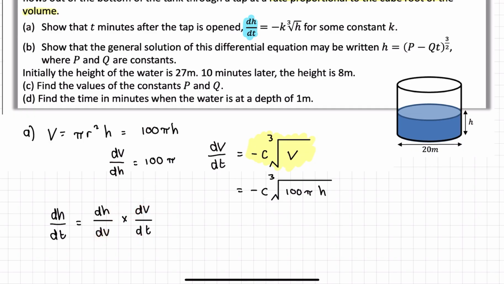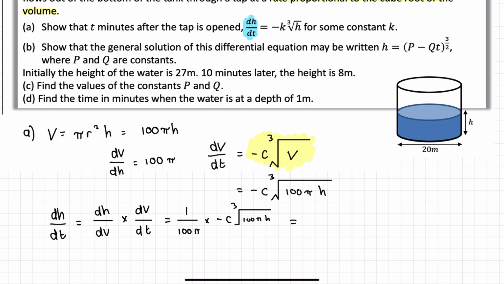Okay. dh/dV is the reciprocal of the one up here. So that's going to be 1 over 100 pi multiplied by dV/dt. And that is up here. So I can say minus C cube root 100 pi h.